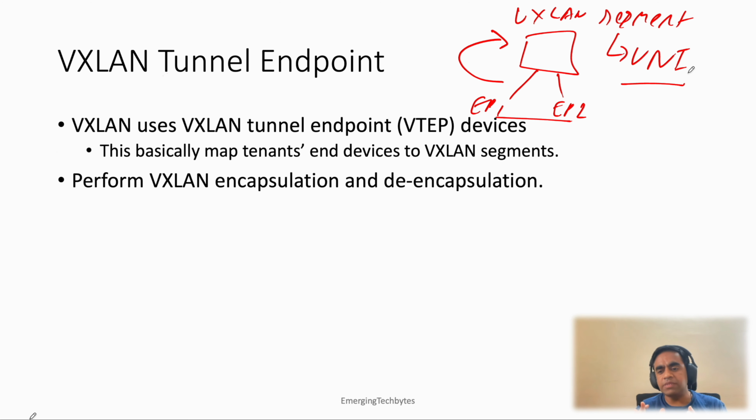The basic purpose of a VTEP is to perform encapsulation and decapsulation. I was showing that: a layer 2 frame comes in and gets VXLAN encapsulated. That is your ingress VTEP. When the packet is going out, it is the egress VTEP.